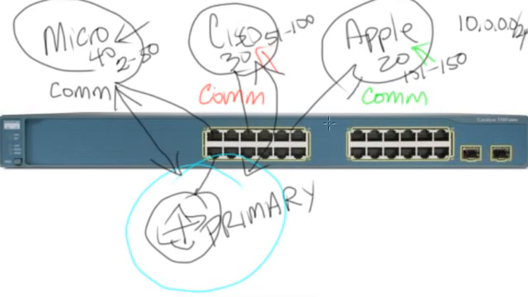And Apple also has access to communicate with the primary VLAN. So the primary VLAN is simply a bidirectional communication mechanism that each secondary VLAN can use to communicate with the outside world. So Microsoft, Cisco, and Apple are all isolated from each other, yet they can all speak to the primary VLAN. And that's the primary VLAN's primary job.